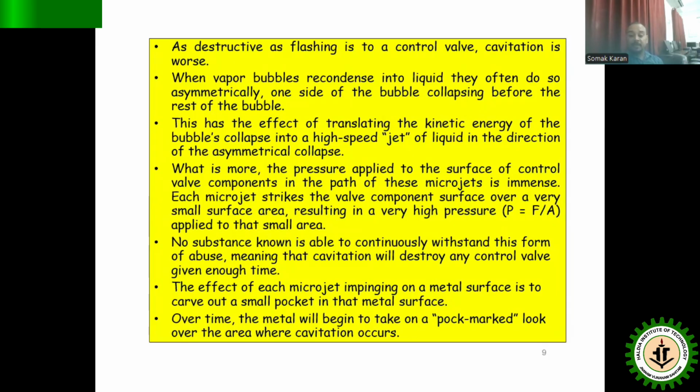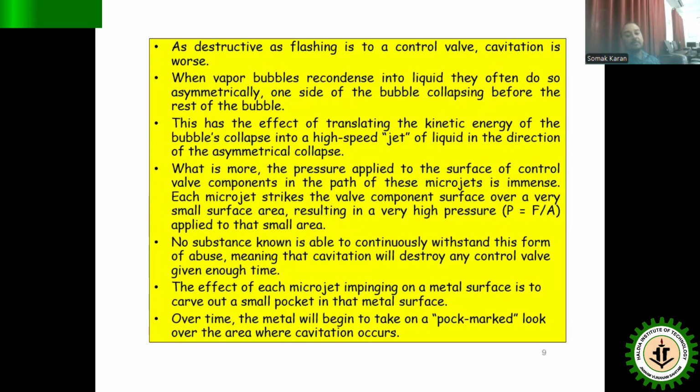It will make an immense effect on the valve plug and the body, which I already showed you in the diagram. No substance known is able to continuously withstand this form of abuse. That means no metal can take this amount of strikes each and every time, in the form of a microjet from the vapors when they recondense into the liquid.